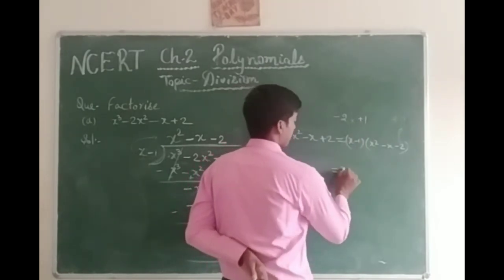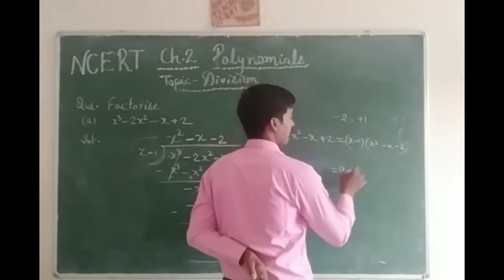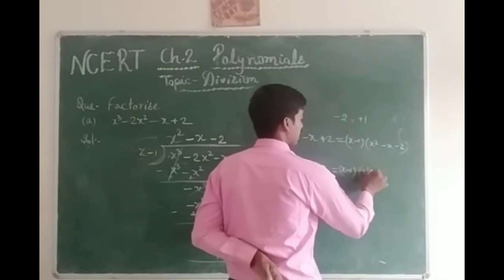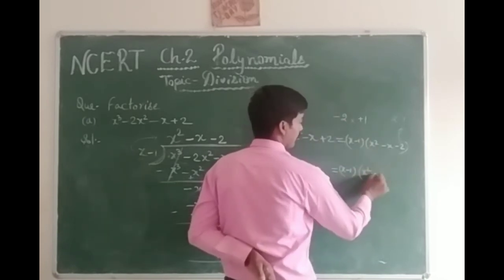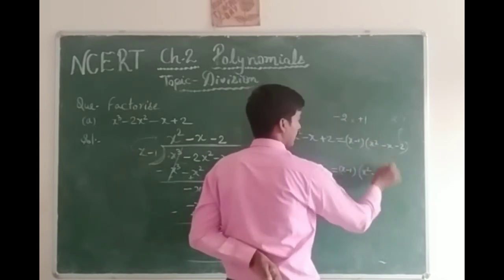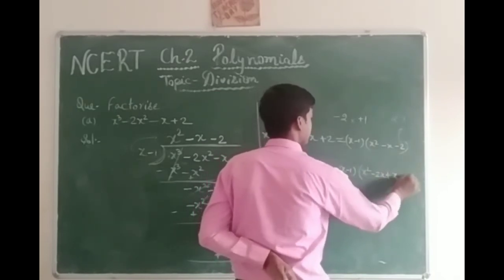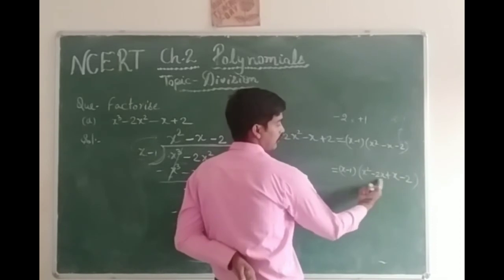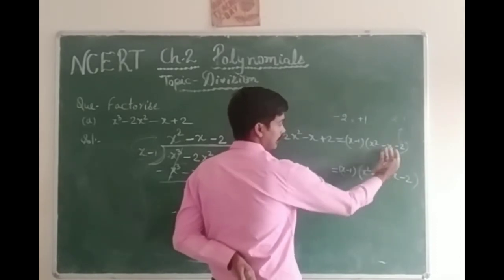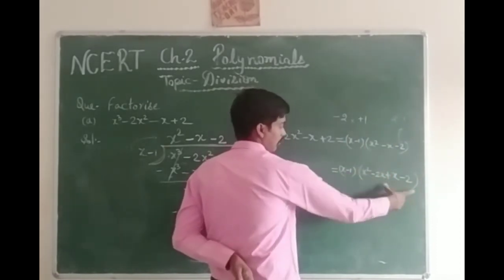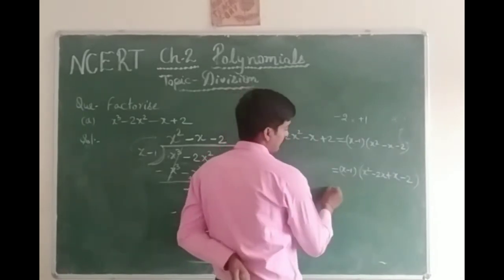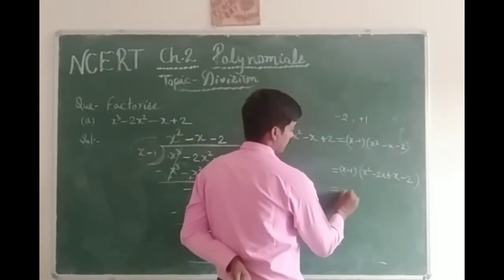It means x minus 1 same as, x square, split this term like that, minus 2x and plus x, and when you solve this, you get minus x. It means this is equal to all these. It means this line is correct. So x minus 1.